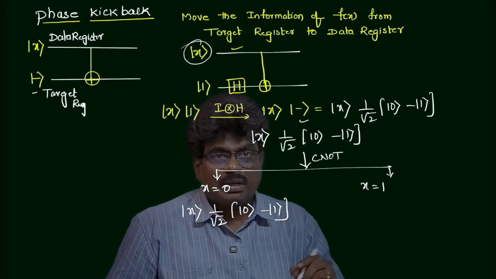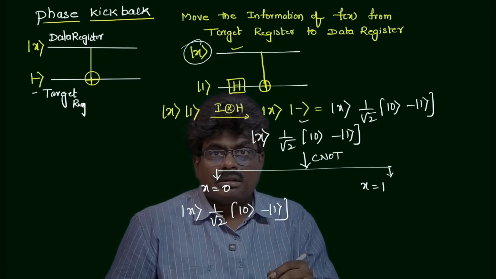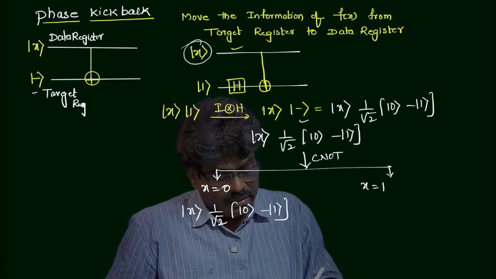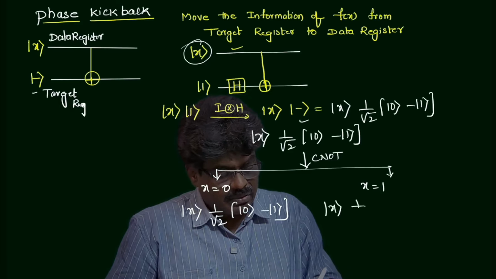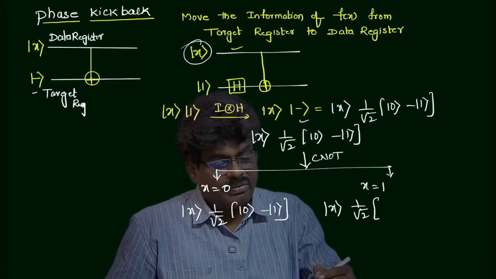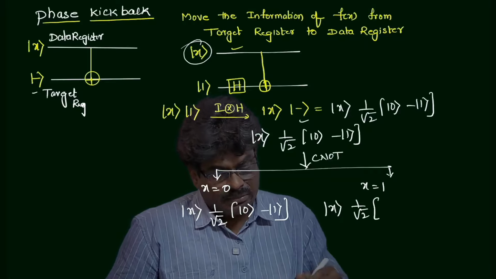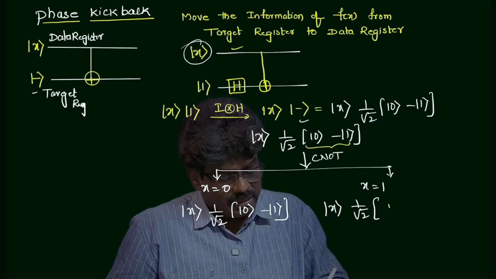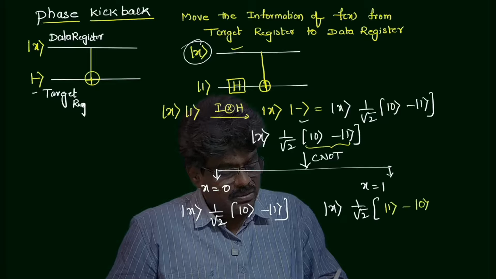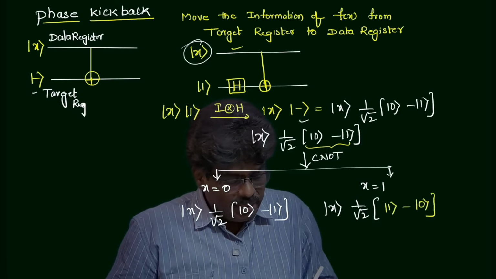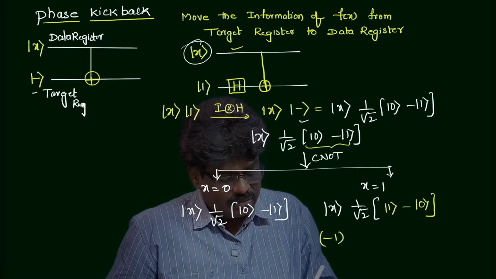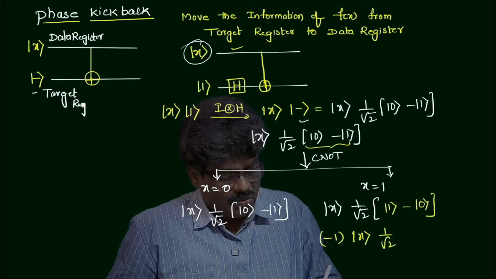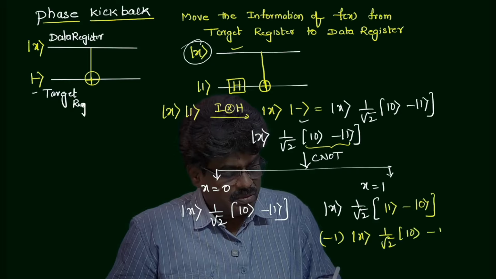If X is equal to 1, the control bit is 1, then the target will be flipped because this is CNOT. So this will become X, 1 over root 2, carefully observe, here we have 0 and 1. That will be flipped, that means 1 minus 0, and this can be written as minus 1 times X, 1 over root 2, 0 minus 1.